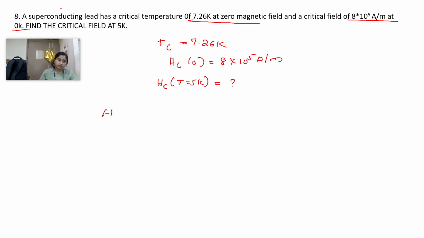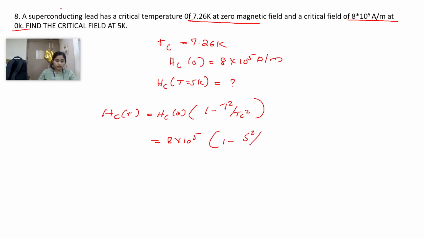This is the general basic formula we have to use. Hc of T is equal to Hc of 0 times 1 minus T square divided by Tc square. Just substitute all the values. So you will get 8 times 10 to the power 5 times 1 minus 5 square divided by 7.26 whole square. This was a direct problem.